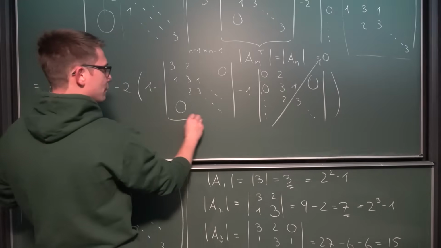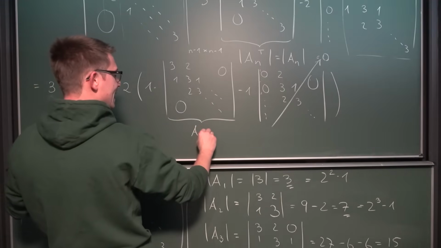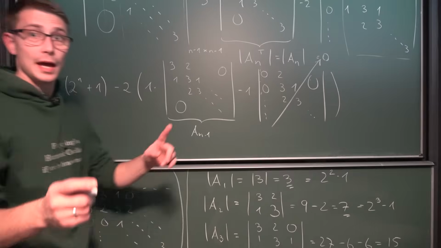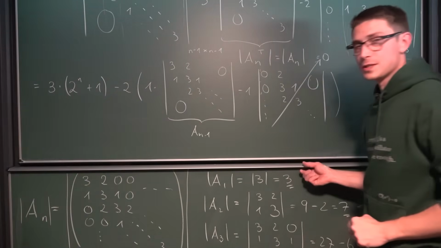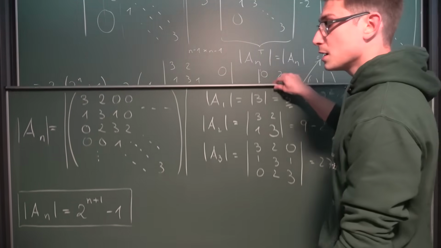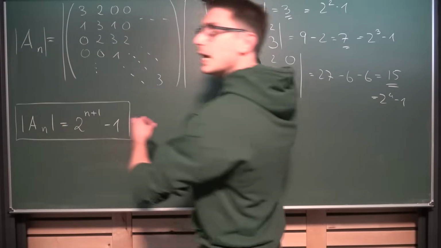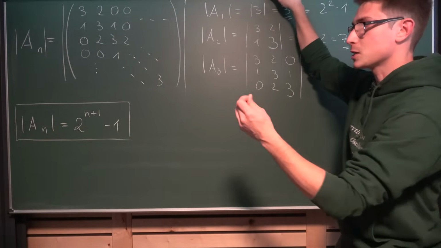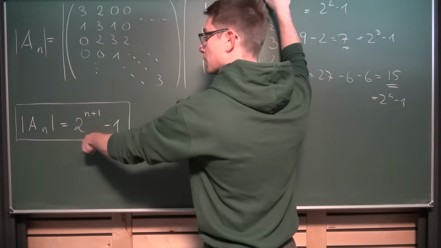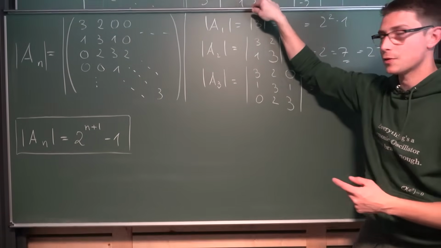So this thing that we have right here is nothing other than A_{n-1}. And by our induction hypothesis, we did suppose that the determinant of A_n and everything before that, so A_{n-1} and so on, abides by this pattern that we have right here.